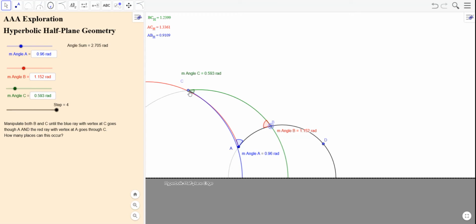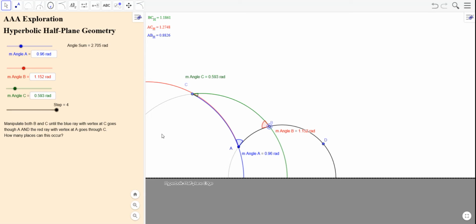But it turns out there's exactly one spot where it's going to meet. Oh, that's really close at least. So it turns out there's only one place that this is going to happen. It's a little harder to see in this application than in some of the others.